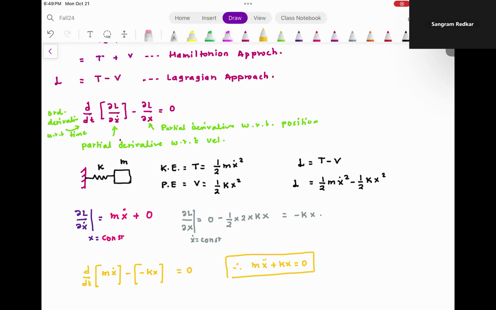Lagrangian approach works very well when you can discretize. So basically you have this beam and you discretize it as spring mass, spring mass, spring mass, spring mass. In that case, the Lagrangian approach gives a better result. And typically the robots that we are going to study in Robotics 1 are discrete systems.